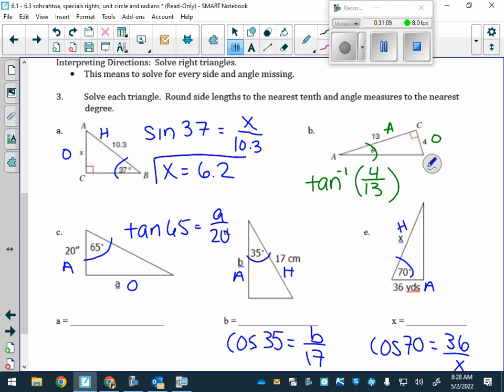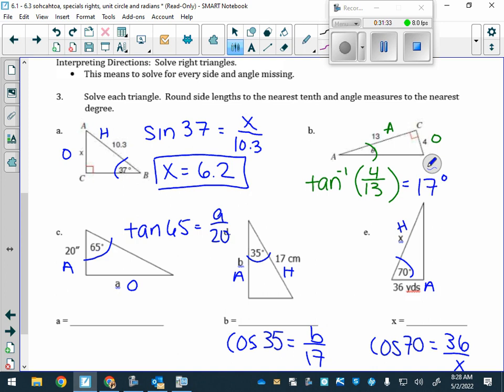Good. Awesome. Okay. Now in letter B, you're finding theta. So from theta, you have opposite over adjacent, which is tangent. So inverse tan of 4 over 13, nearest degree. What do we have? 17 degrees. Awesome. Nice job.